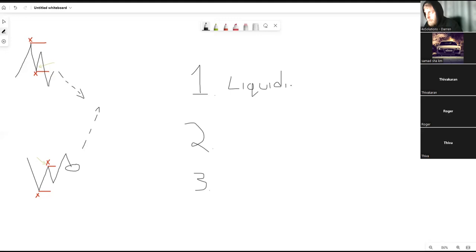Hold the high. So this is liquidity. Number 2 is what? Order blocks and structure. Hold high. Institutional order flow. That's it. Then number 3 is what?